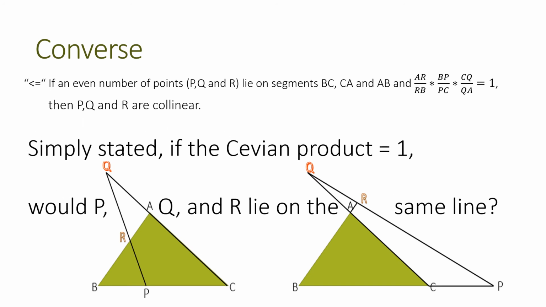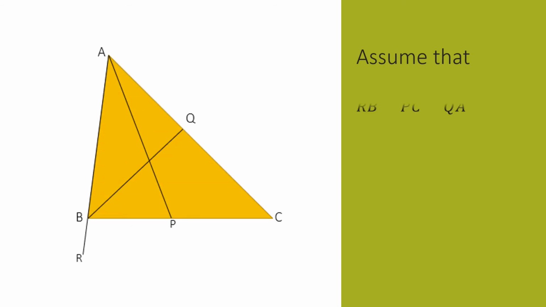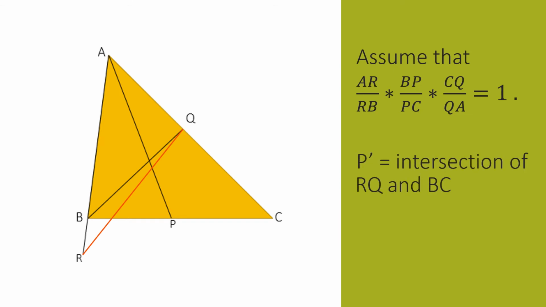Simply stating that the Chevian product is equal to 1, P, Q, and R really lie on the same line. Assume that the Chevian product equals 1. Then let's connect R and Q, and we're going to call the intersection of RQ and BC P prime.